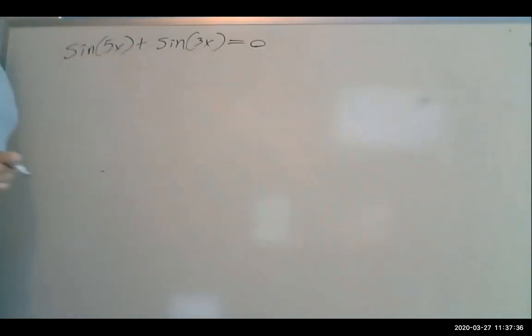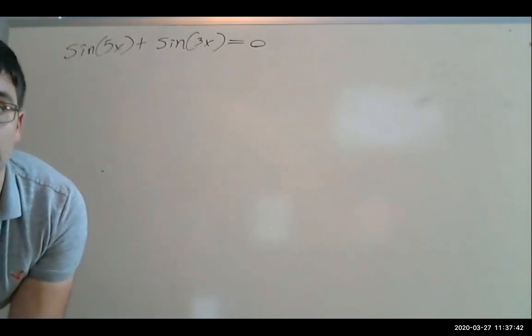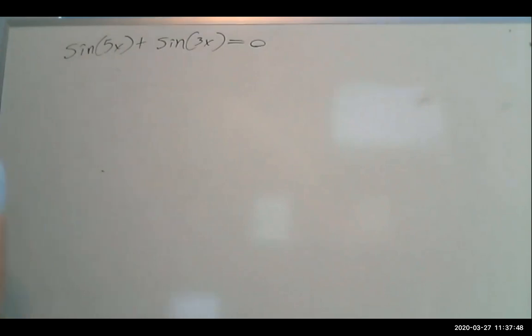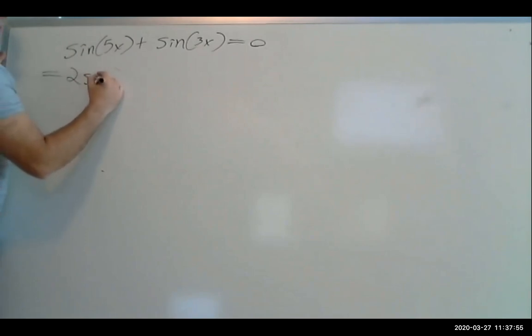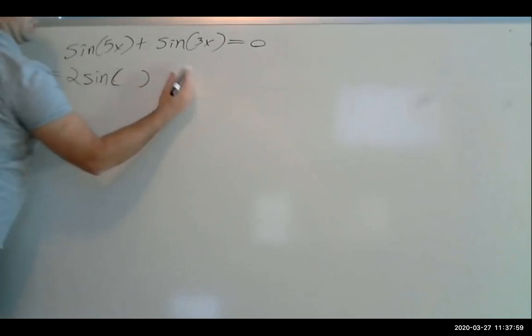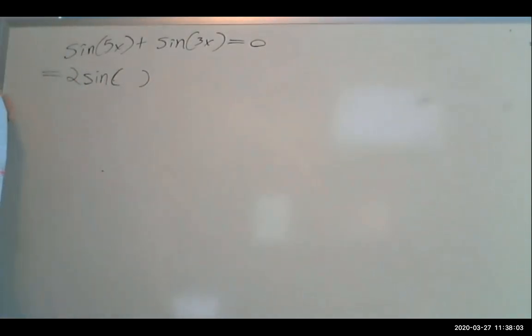This is one of the ones we just learned. Sine plus sine goes to 2 sine of something, and it's cosine.